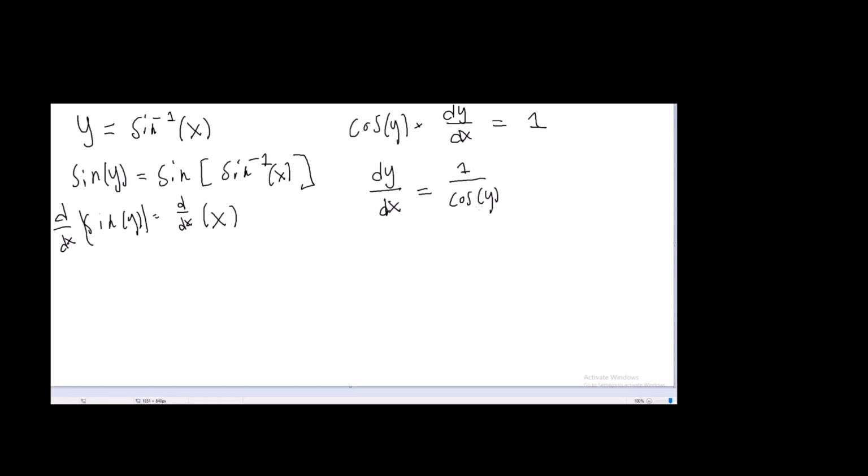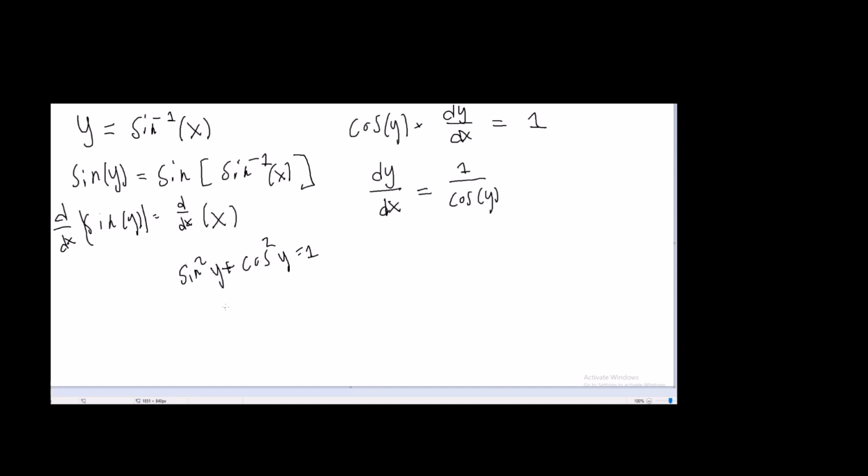But there is another way we can write cosine of y, because we know sine squared of y plus cosine squared of y is equal to 1.